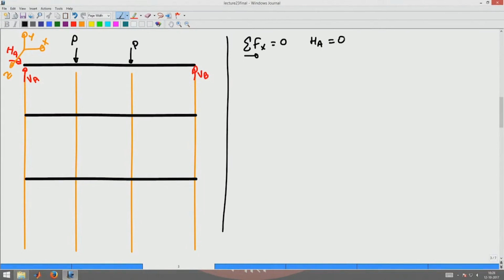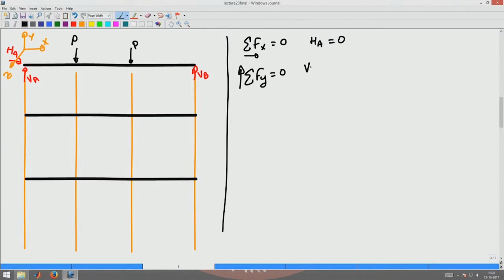This is a simple problem, but you have to follow this systematic procedure to solve any complicated problem also. So, I am illustrating the ideas in a systematic manner using the simple problem. Now, the next equation is the sum of forces in y, the vertical force equilibrium. I am taking the upward acting vertical force as positive.